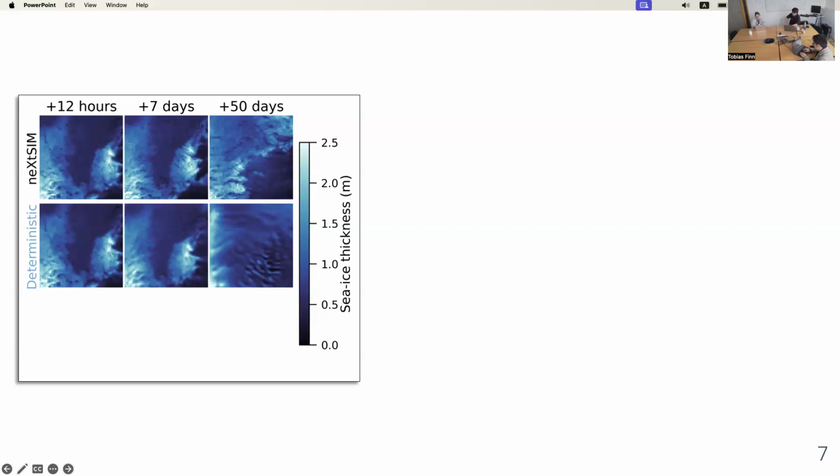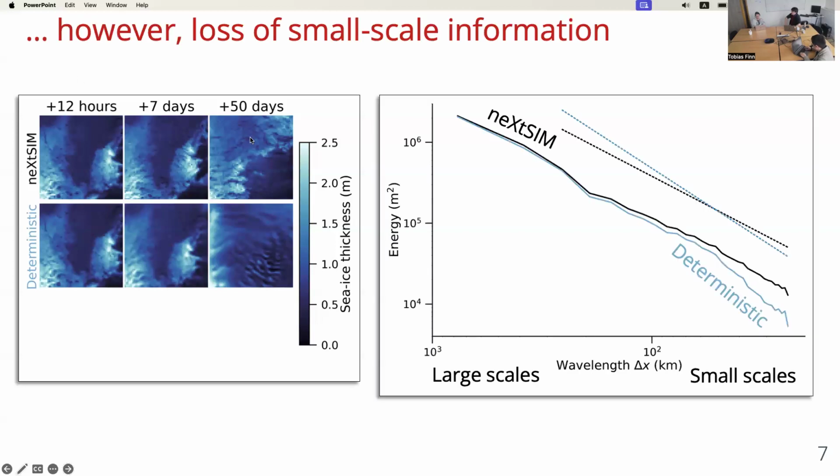We can also see this if we estimate the energy spectrum. This measures how much energy is included in the different scales of the CS thickness. The black line is what neXtSIM sees, and the blue line is what the deterministic model sees after a 15-day forecast.